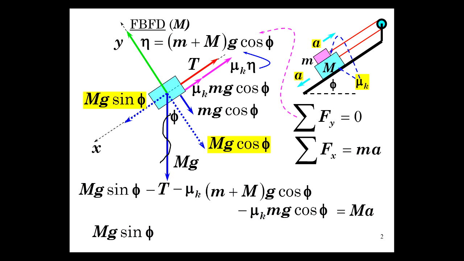We can simplify that a little bit. Big M g sine of phi minus T minus mu k. Well, we have a little m here, we have a little m here, times g cosine of phi in both cases. So we can bring that together as 2 little m plus big M g cosine of phi. And that's Ma. So there's our expression that emerges from the big block.